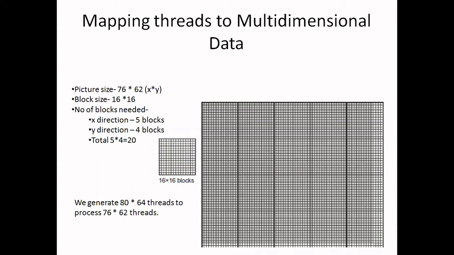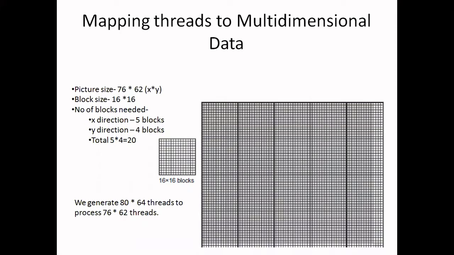So how many blocks we will need to cover all the pixels of the image? I want one thread for each pixel. Let me repeat, I want one thread for each pixel. The number of threads in this image are 76 cross 62.